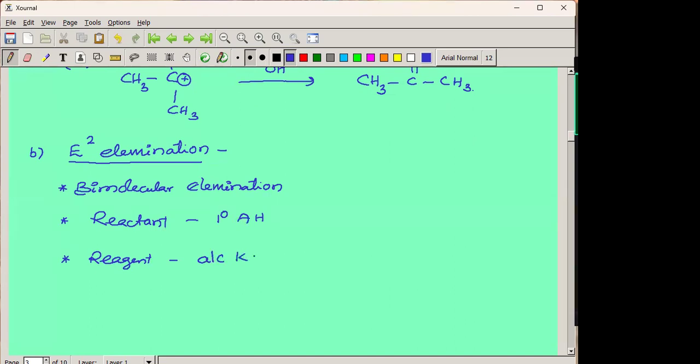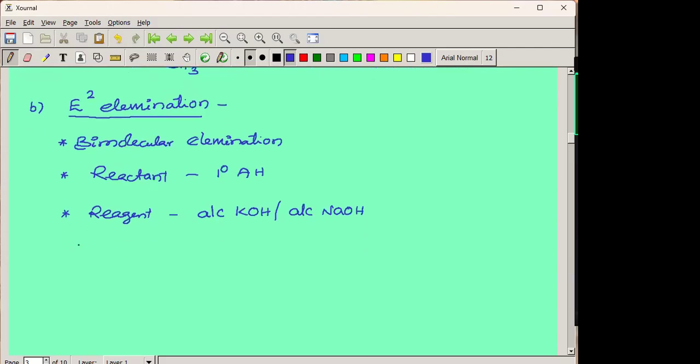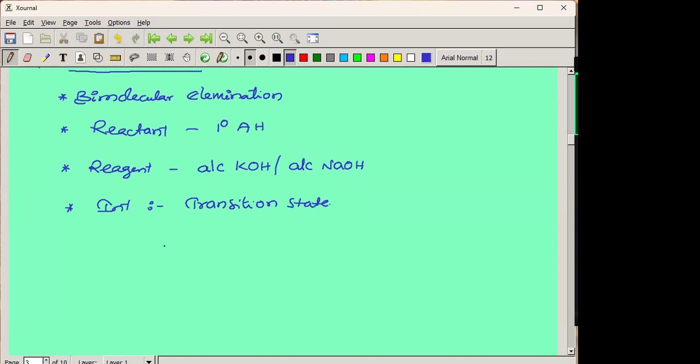Here also, that is alcoholic KOH or alcoholic NaOH, that will be used. Here there is no intermediate, but there is a transition state. So this is also like a pentavalent transition state, that will be possible.